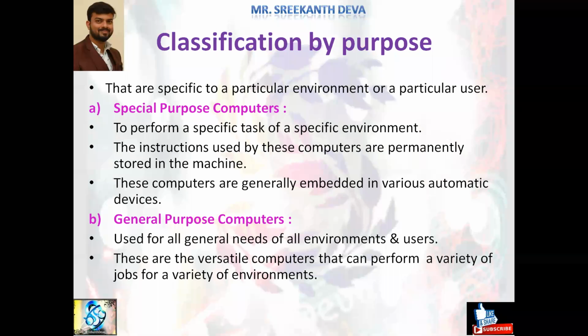Depending upon the purpose of use, computers can be classified as special purpose computers and general purpose computers. Again, it is classified into two different types of purpose wise computers.